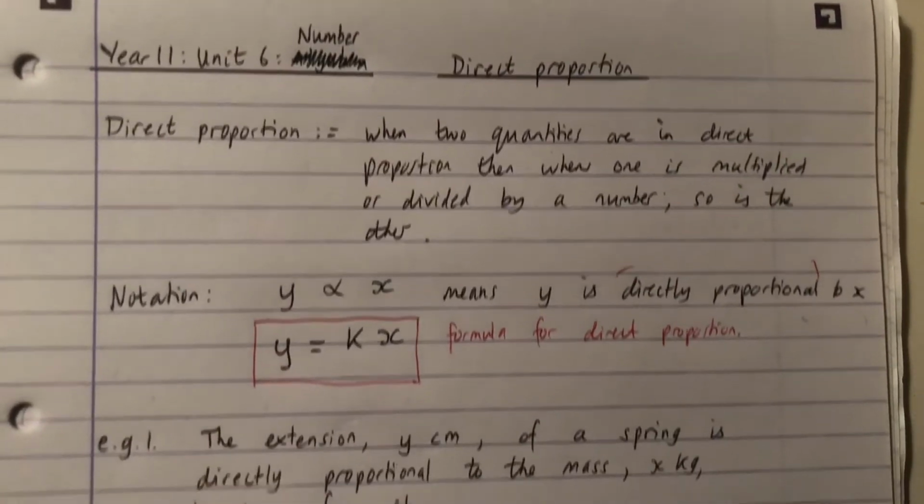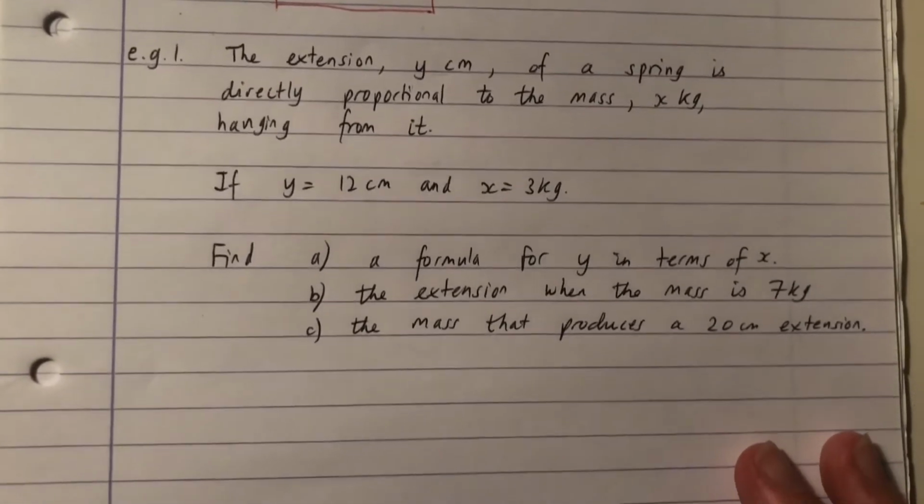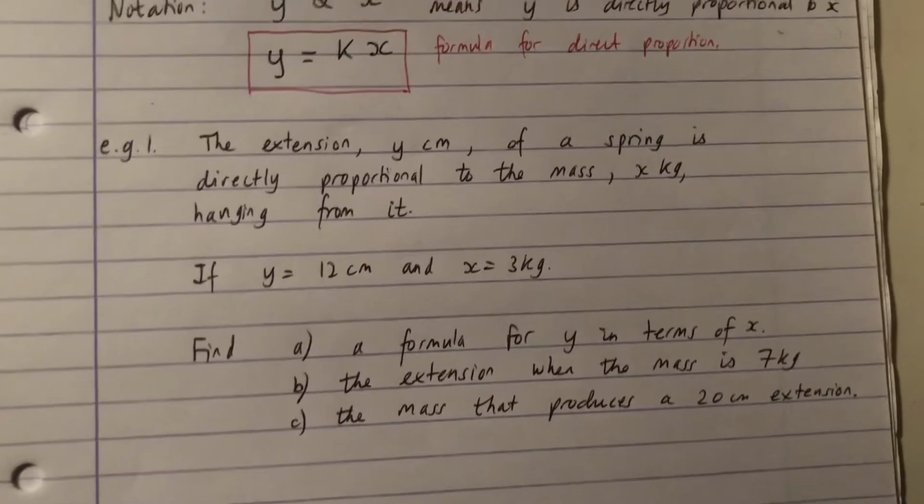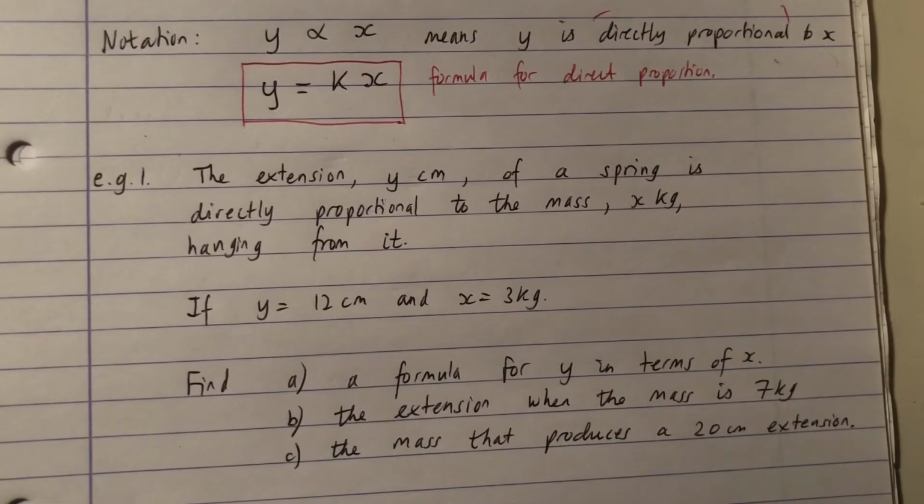So let's see what an example will actually look like. The extension y centimeters of a spring is directly proportional to the mass x kilograms hanging from it. So this is a physics question.